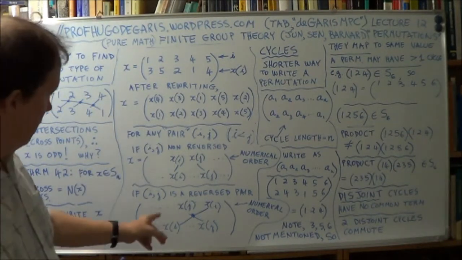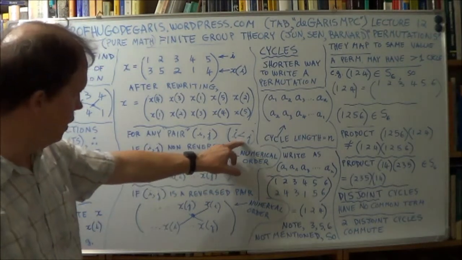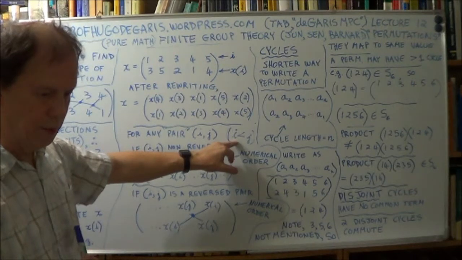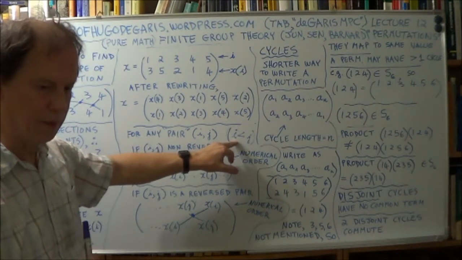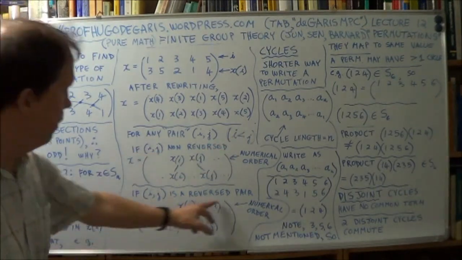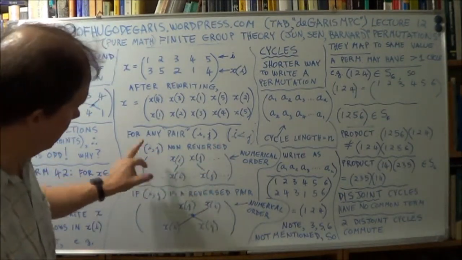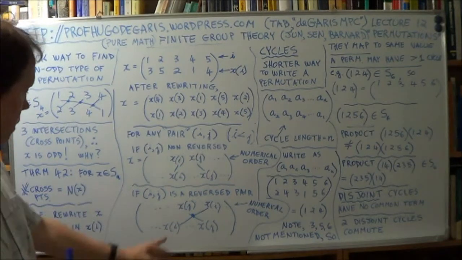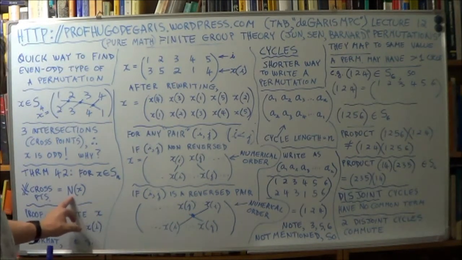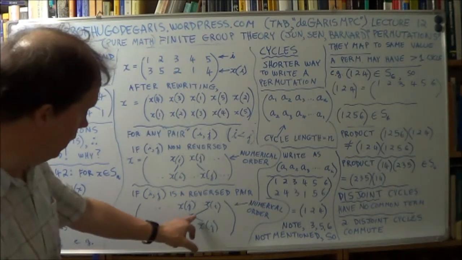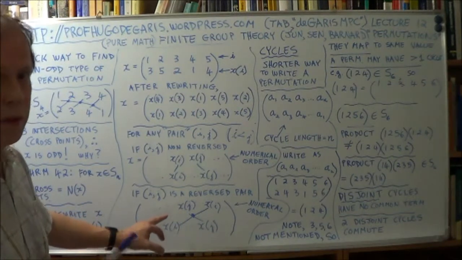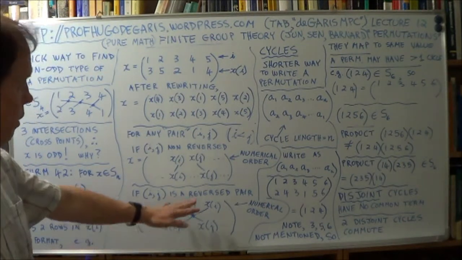And if these pairs are coming from a symmetric group of size, let's say p, to stop confusion, then there will be p of these lines. And then if you have big N reversed pairs, there will be big N intersections, cross points. So think about that, and that's your proof.